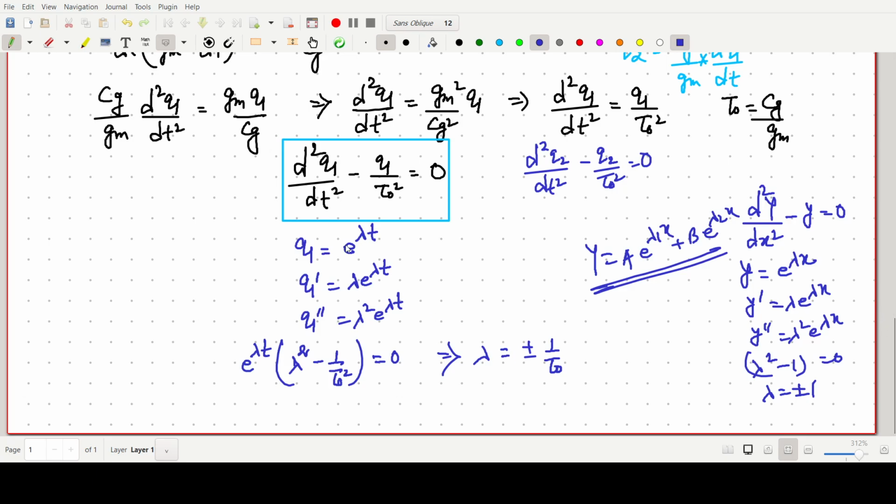So the solution for this one, q1 of t will be a times e to the power 1 by tau naught into t plus b into e to the power minus 1 by tau naught into t. Okay, clear? Okay, so in another page I will do the same thing.